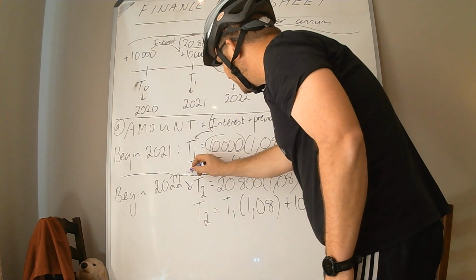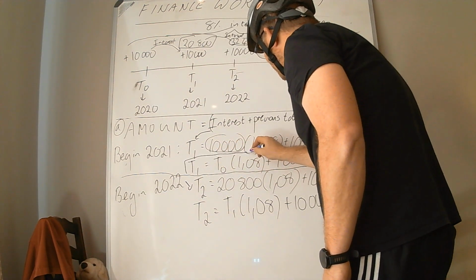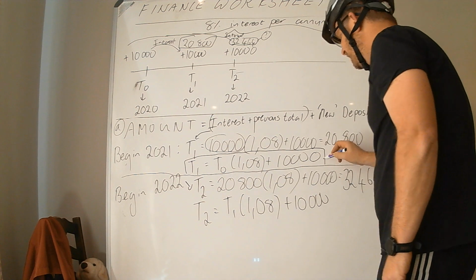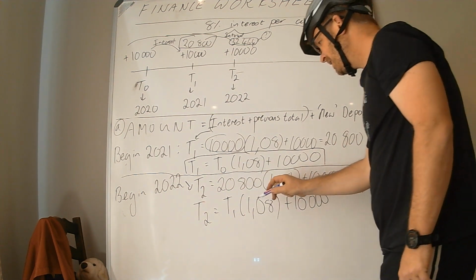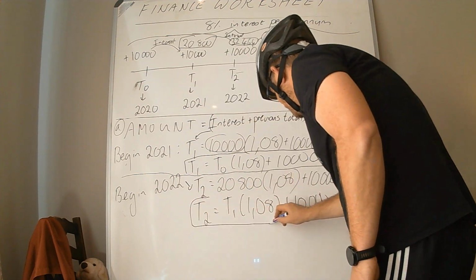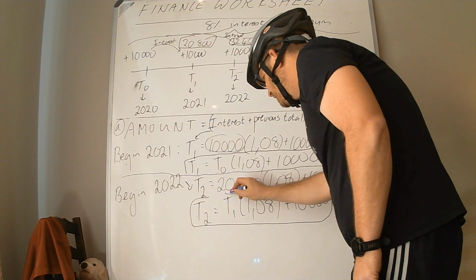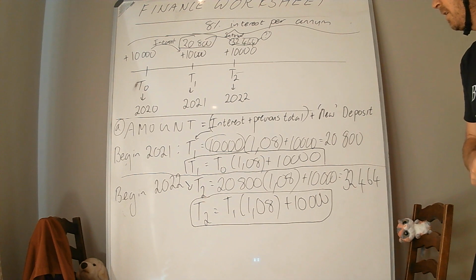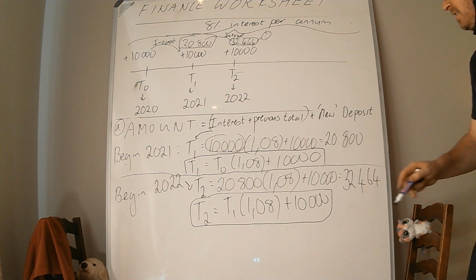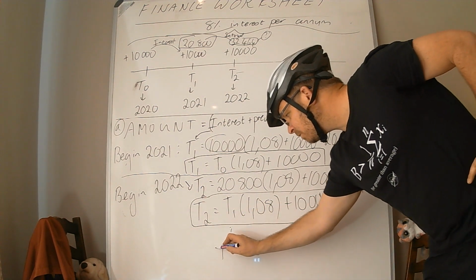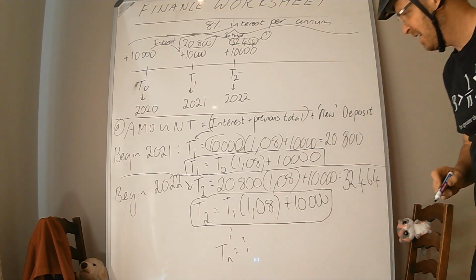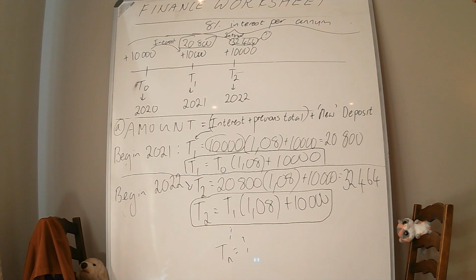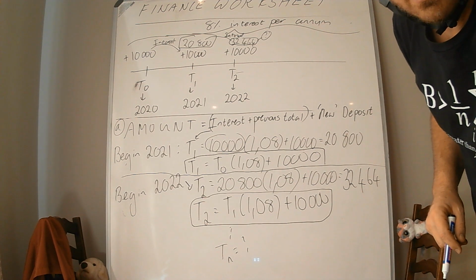So you're going to use the fact, when you do B, that T1, that's the really important bit, is T0 times 1,08 plus 10,000, and T2 is equal to T1 times 1,08 plus 10,000. The question, for the next question, is what is the value of Tn? Go figure out what the value of Tn is. Get a recursive formula for that.